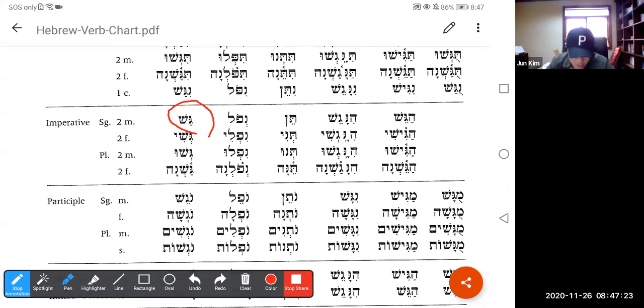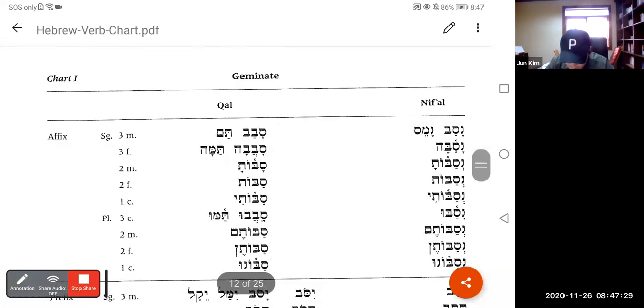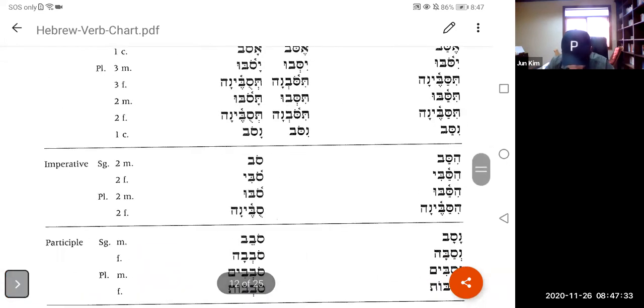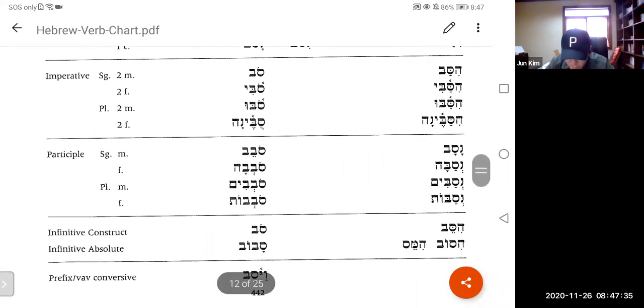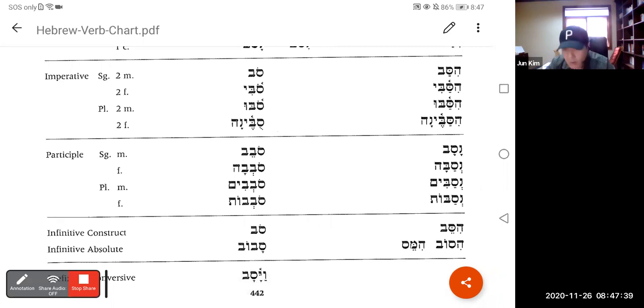It works that way for geminate. So let's go back to geminate again. Talking about imperative form, we simply miss one of the doubled consonants and then think about imperative form.